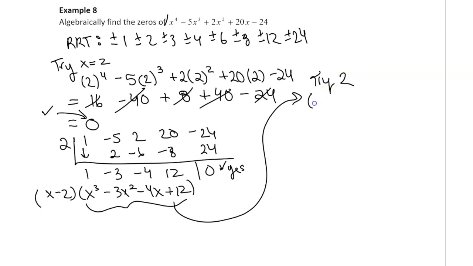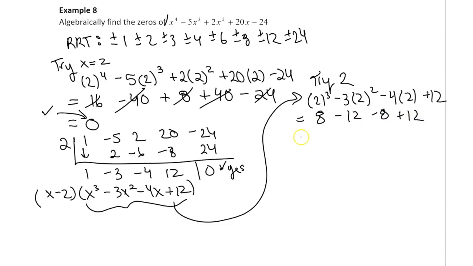So if we go 2 cubed minus 3 times 2 squared minus 4 times 2 plus 12, that is also going to work, meaning that x minus 2 worked the first time and it worked again the second time, so it's going to be a double 0 right there, a minimum of at least a double 0.